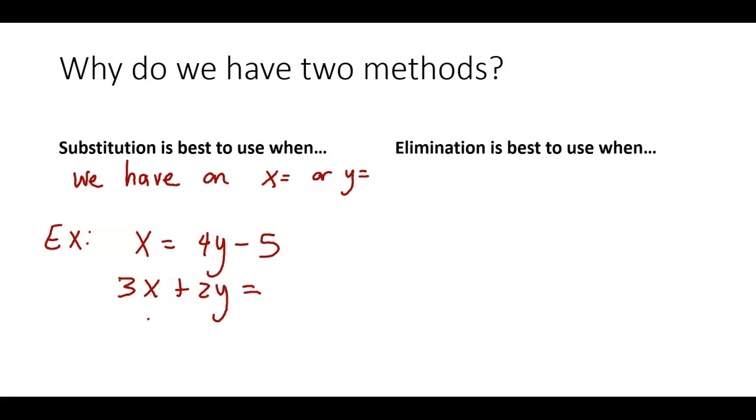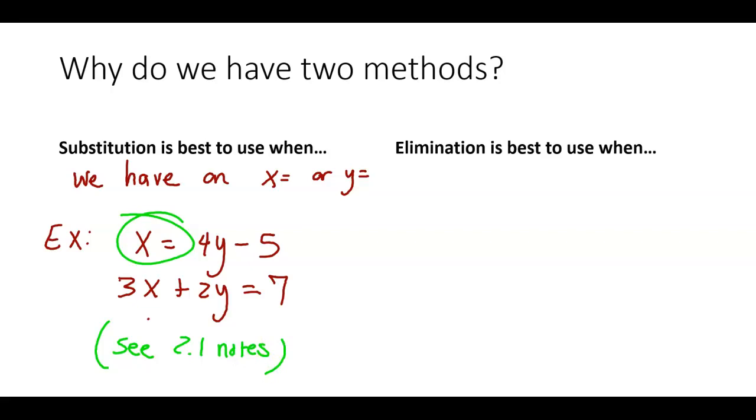I'm going to make up a number here. I guess it doesn't really matter. We're not going to actually solve it. But as you guys can see here, we have an x equals. That's a good time to use the substitution method. And for that, look at your 2.1 notes, because that's the first thing that we did.